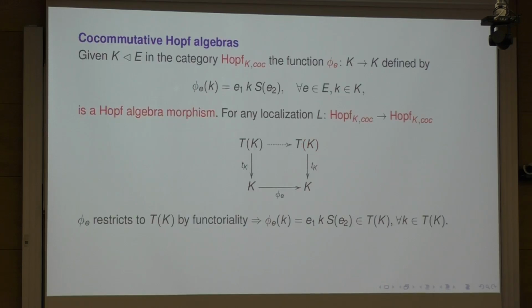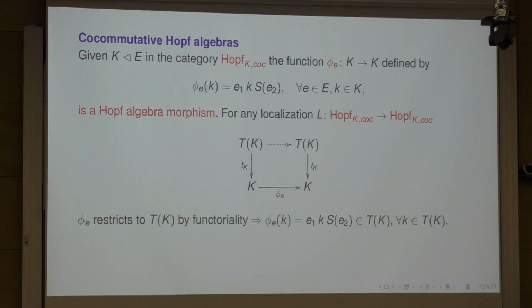In co-commutative Hopf algebras, there is a similar argument. So if you take K, which is a normal subalgebra of a co-commutative Hopf algebra E, then you can define the function phi_E that sends any k in K to E1 k S(E2), by using the Sweedler notation, and S is the antipode of your Hopf algebra.